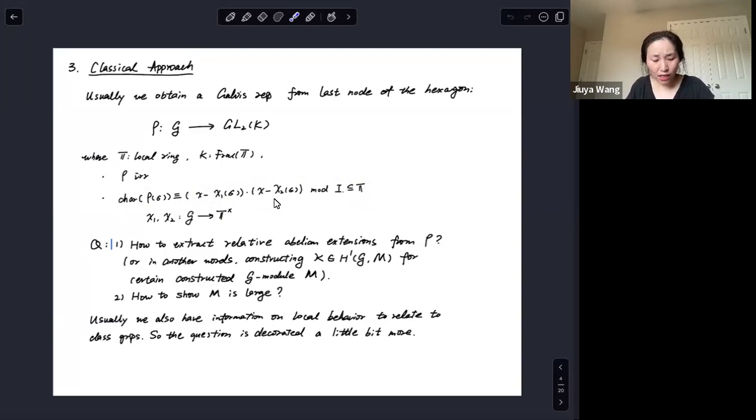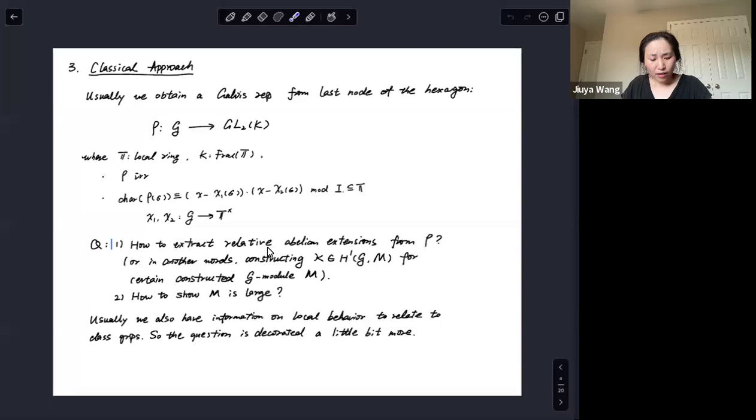And importantly, we will get some approximate information on the characteristic polynomial. The general question now is, given this representation, how can we extract some relative abelian extensions from rho? Or in other words, how to construct some Galois module with a particular cocycle, so that it gives you an abelian extension-like object.